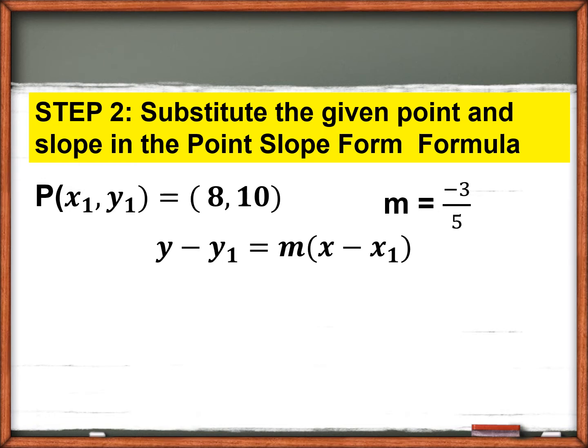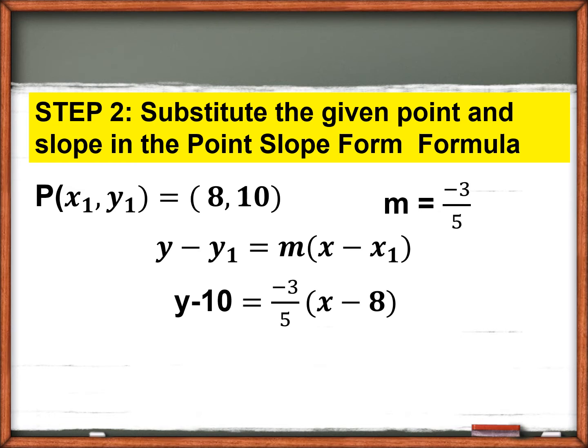Substituting the given point and the given slope in the formula, we have y minus 10, which is our y sub 1, equals negative 3 over 5, which is the value of our slope or m, quantity x minus 8, which is the value of our x sub 1.